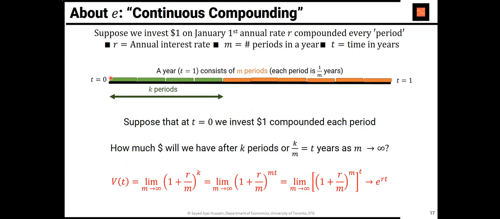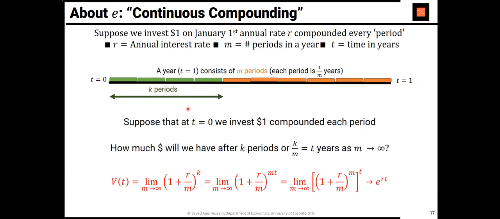I now want to know how much money I will have if I invest at time 0, remembering that I'm compounding m times a year. How much money will I have after k periods, which could be 1, 2, 3, 4 months, or 24 months, it could be any number?